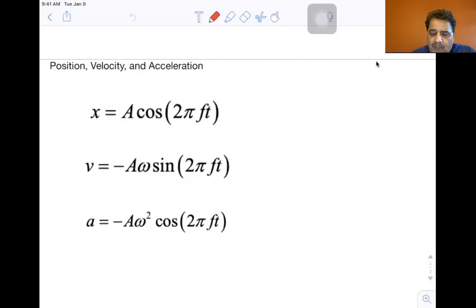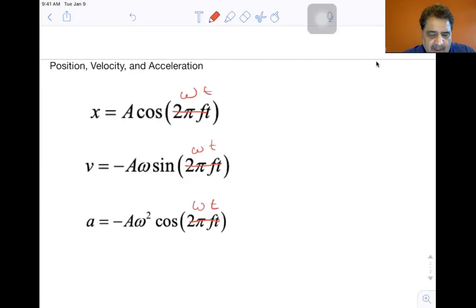Now, if we call this omega t, this is omega t, and this is omega t. That's kind of messy. Let's make it look omega t. If you know anything about calculus, if you don't, ignore what I'm about to say.